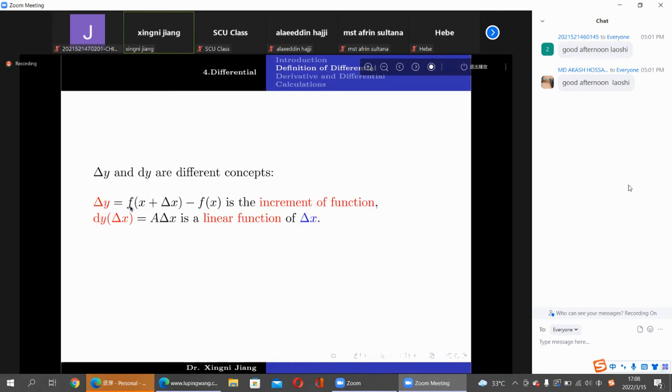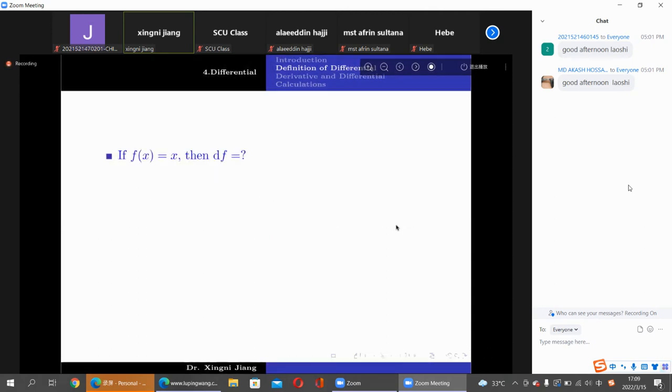And this also arises from the main part of the increment of the function. And this is their relation. So this is the relation between the differential of y and the increment of y. Okay, this is the relation.